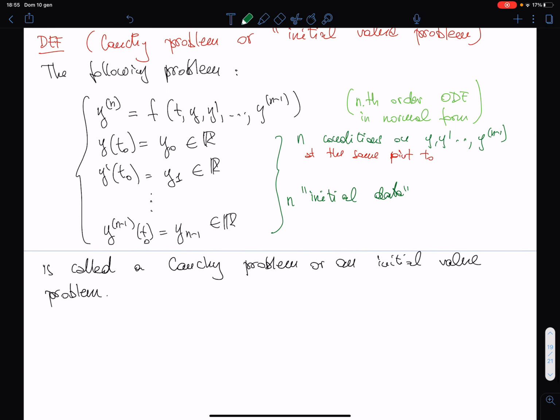Now let me give a remark before giving you the very important theorem. The remark says that generically, which means if everything is honest in some sense, a differential equation admits infinitely many solutions, we already know.